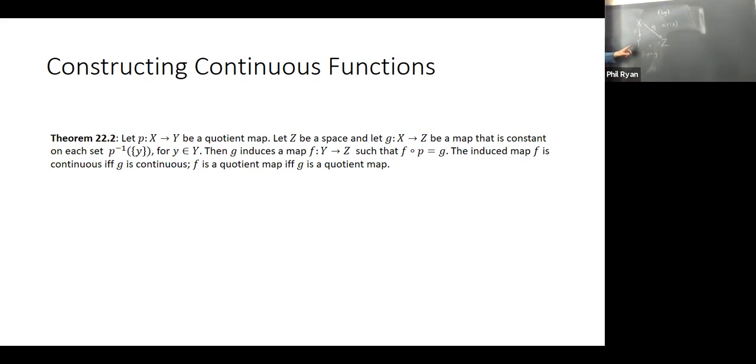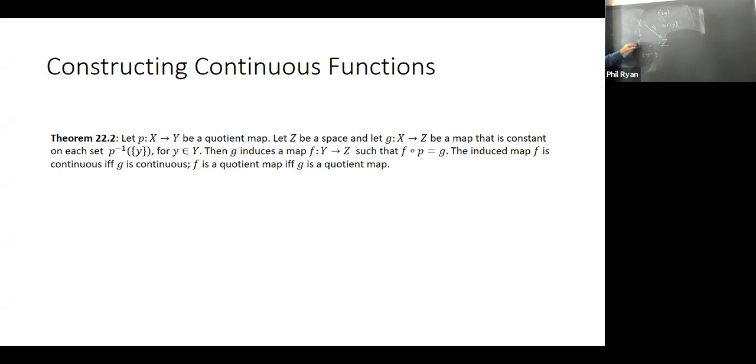right? So we want to go from y to z. What we can do then is take our y, pull it up to x, and then push it forward with g. And the fact that it's constant on this set tells us that that's well defined, right?